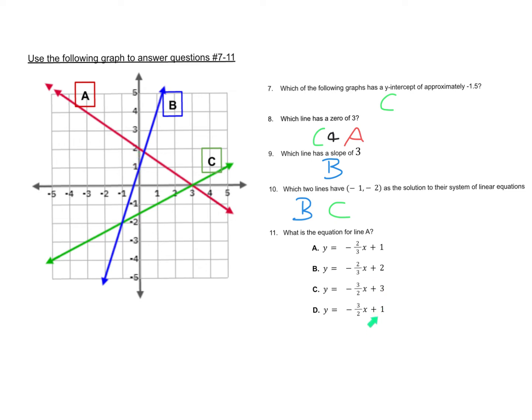So actually the only one that has a +2 is B. Okay, and this is in y = mx + b form, and you'll see that the slope is -2/3. And on the red, if we go from the y-intercept to the next point, we do go down 2 and over 3, so it does have a slope of -2/3. So you see that B is the answer, or is the equation to line A.